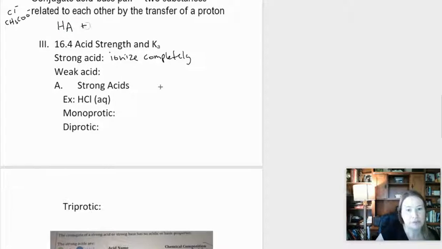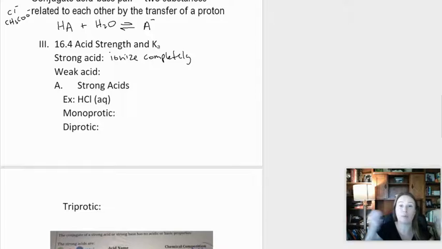When you mix that with water, H2O, you are going to get that hydrogen separating from the ion. So you would have A minus, produced as the H and the A come apart.